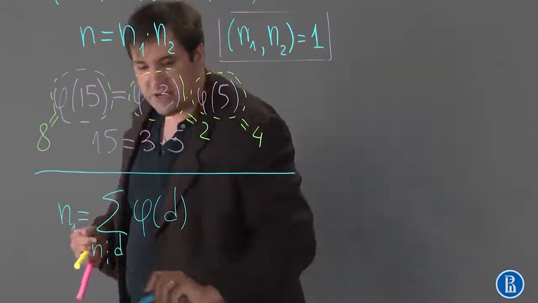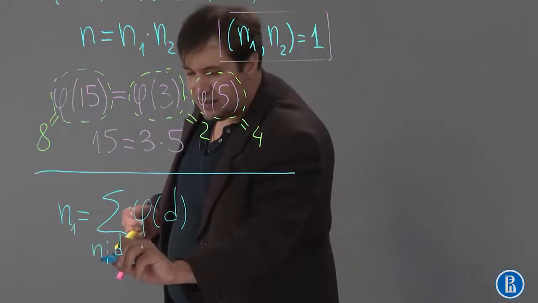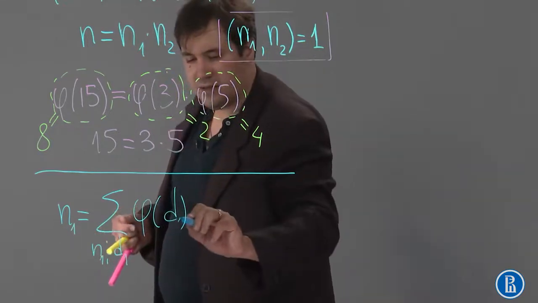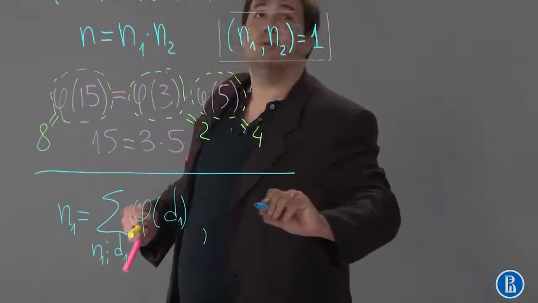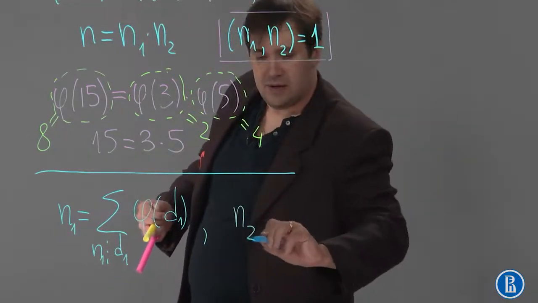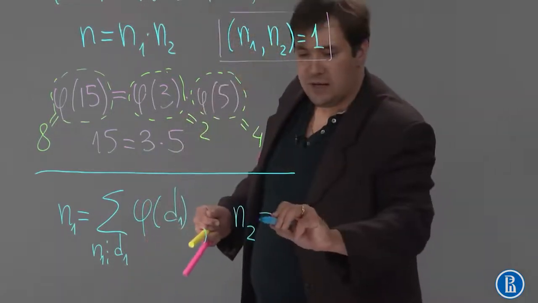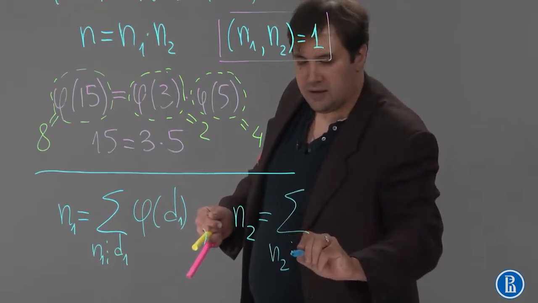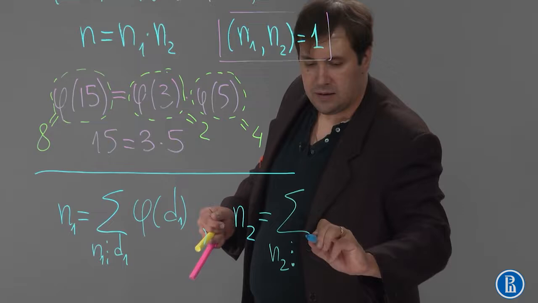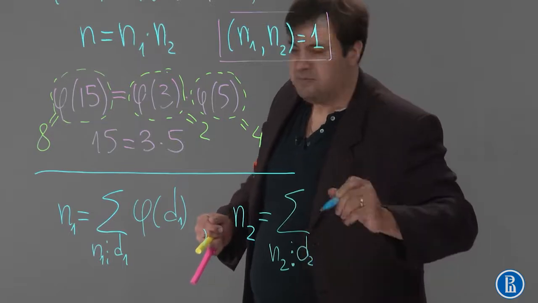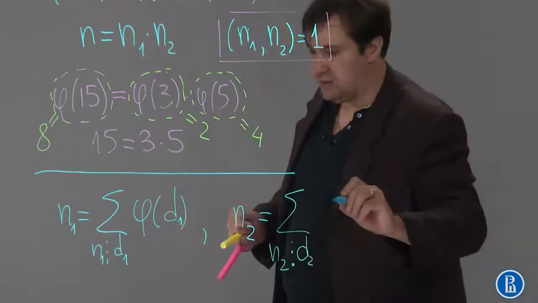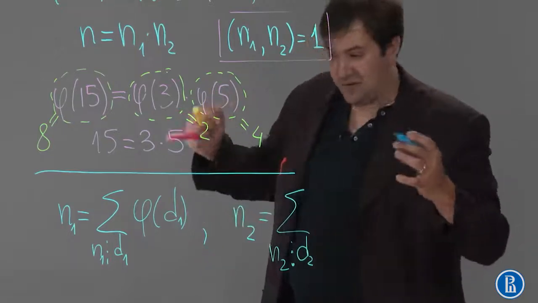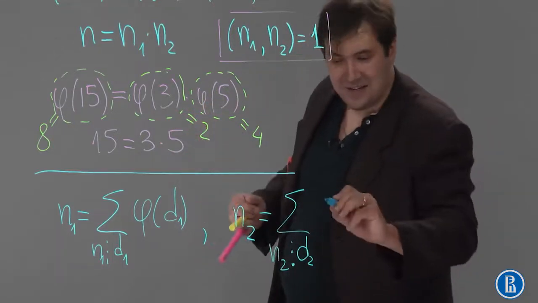Let's write here n1 and say that n1 has divisors denoted by d1 and n2 has divisors denoted by d2. So we say that it is equal to the sum of values of Euler's function of these divisors.